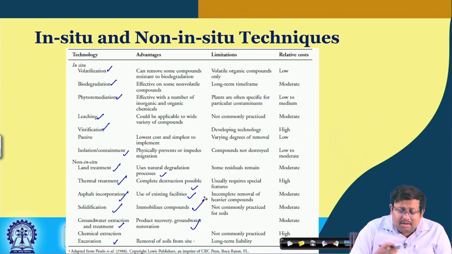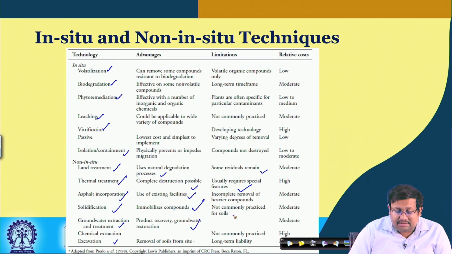So, there are also some limitations. In case of land treatment, some residuals are already there, so you cannot completely remove the contaminated soil. Thermal treatment usually requires special features, and temperature generation depends on other energy sources like electric supply, which is costly.